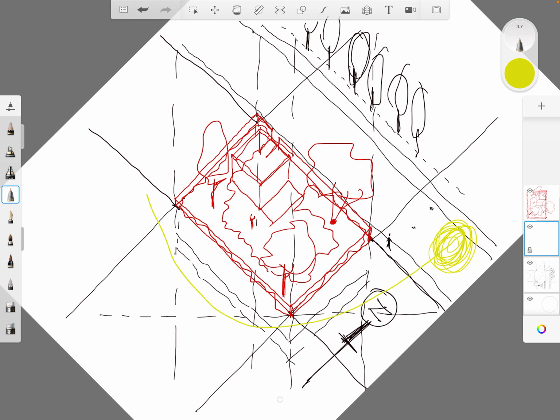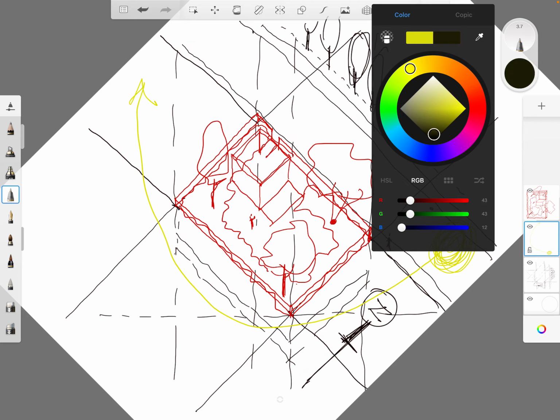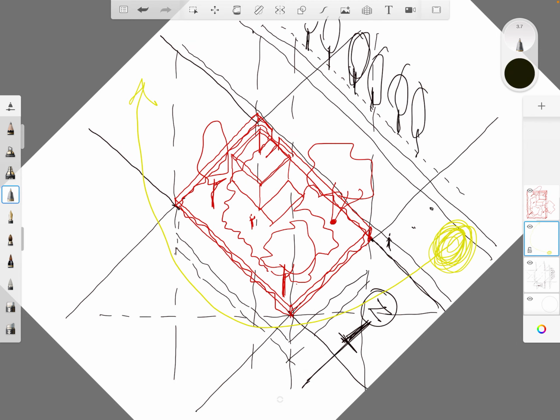And imagine the sun going this way over the day, which means that the shade, and this is the really cool thing, the shade of this, you can start drawing in the shade. So obviously the shade, for example, of this tree over the day will move, but by drawing it in, it shows you the shade of the tree, and then you can see where that hits the building.